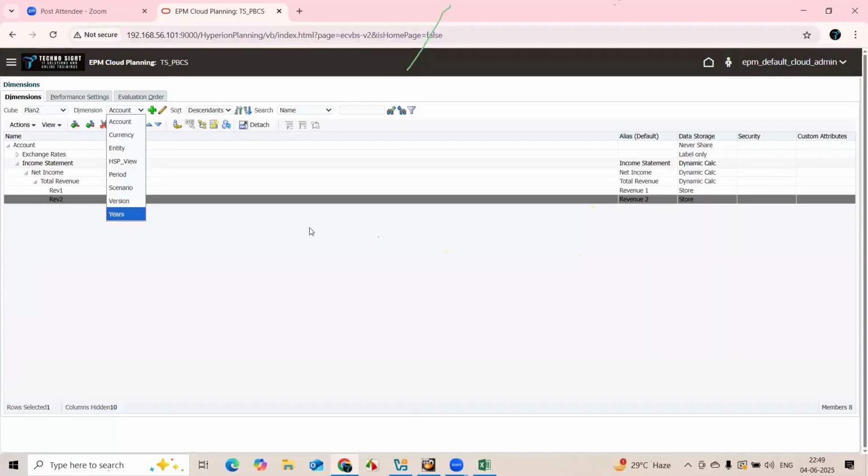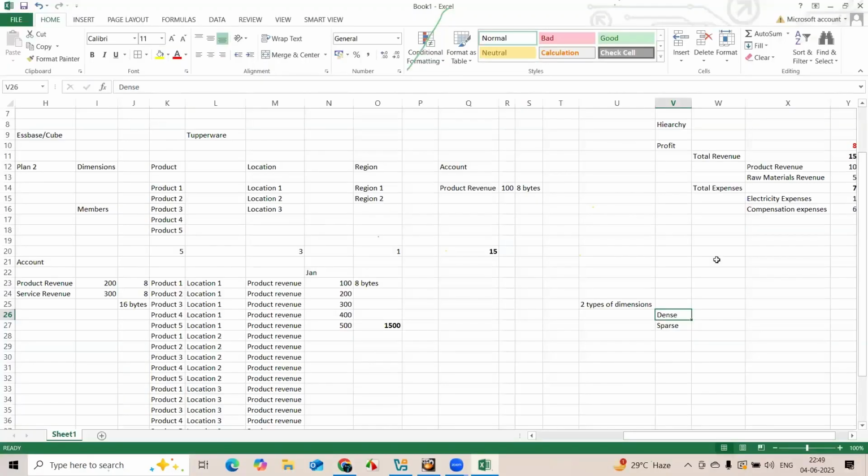All these dimensions should choose one side, either dense or sparse. For example, product can be termed as sparse, location can be termed as sparse, region can be termed as dense, and account can be considered as dense.